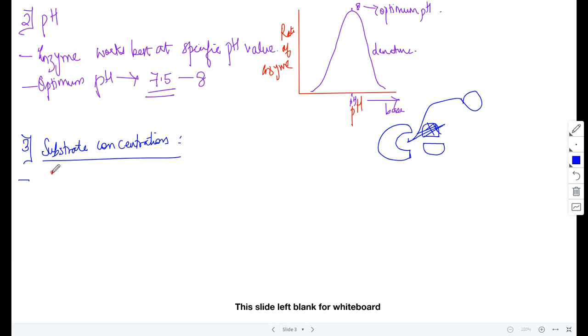So as the concentration of the substrate increases, the rate of reaction also increases. But whenever we talk about substrate concentration, the rate of enzyme is not going to increase forever.